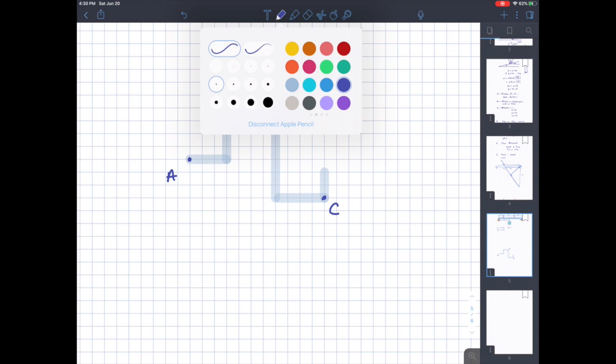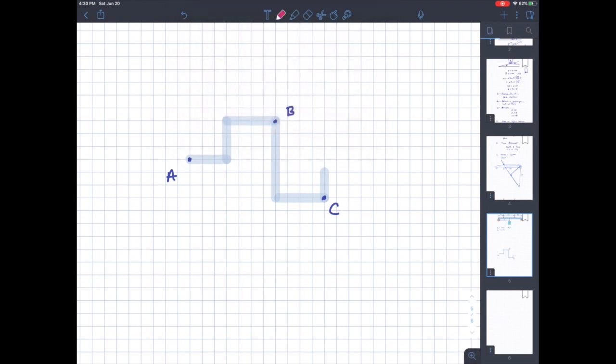Okay, next what I want to do is put some forces on this structure, and we're going to calculate the moments that are generated at various points. So let's put a force right here, and we'll call that a 100-pound force. And let's put another force right here.